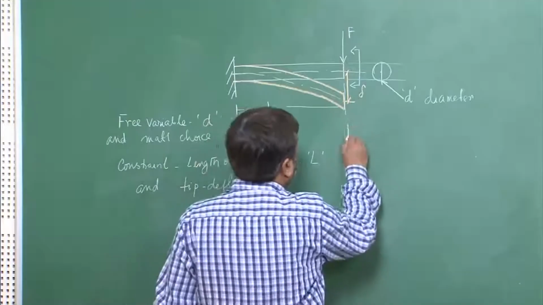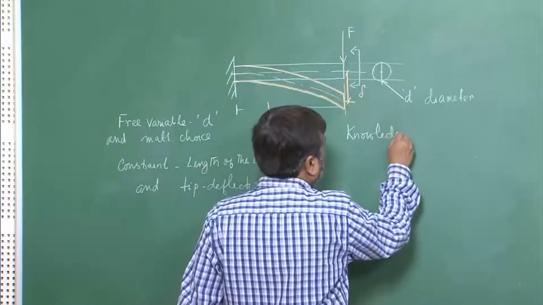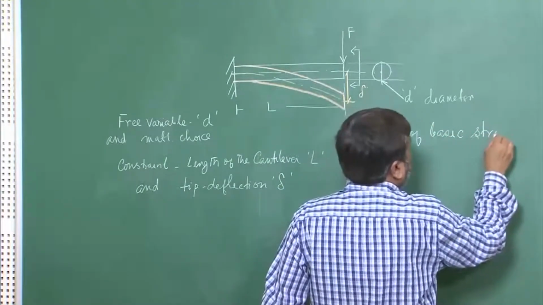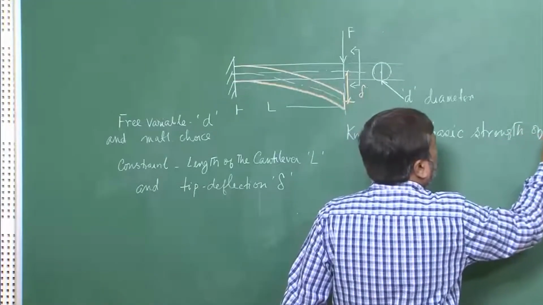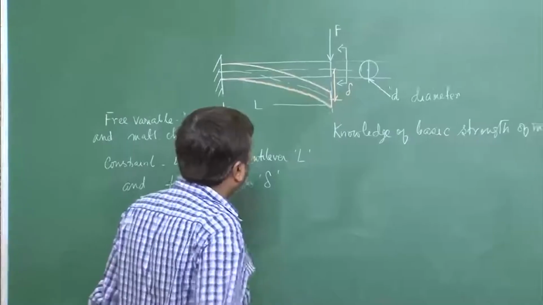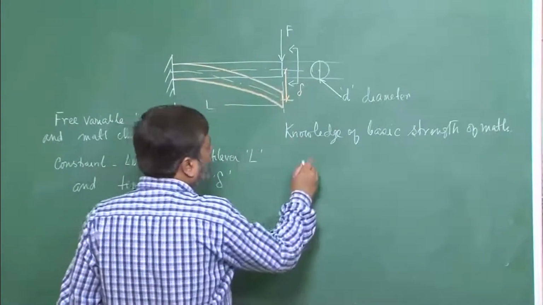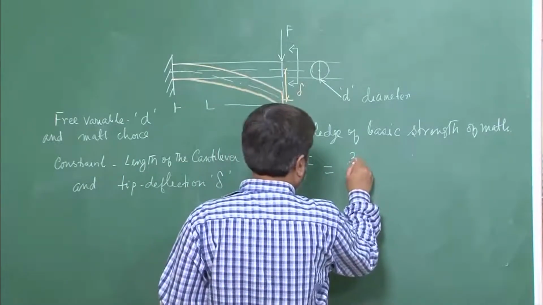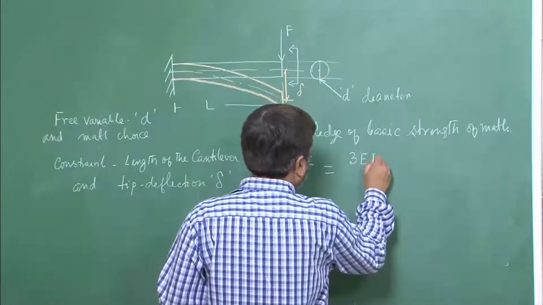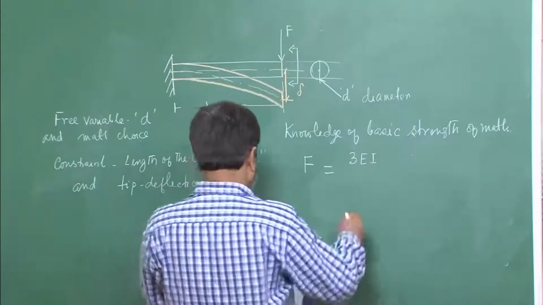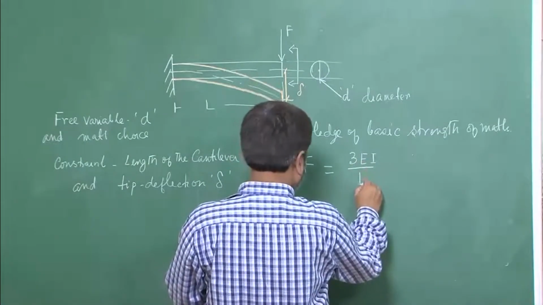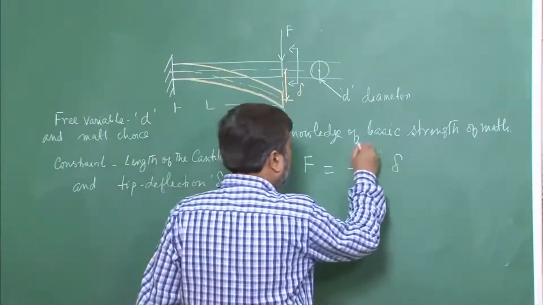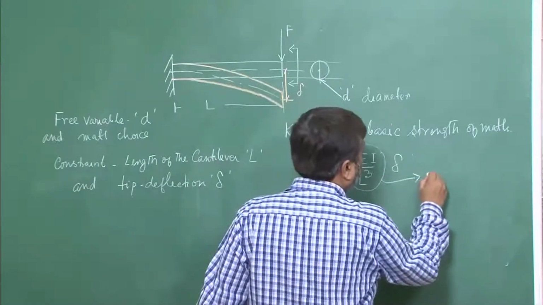Now, from our knowledge of basic strength of materials, we know that the end force and the tip deflection are related in such a manner that F equals 3EI by L cube times delta, where 3EI by L cube is the equivalent stiffness.